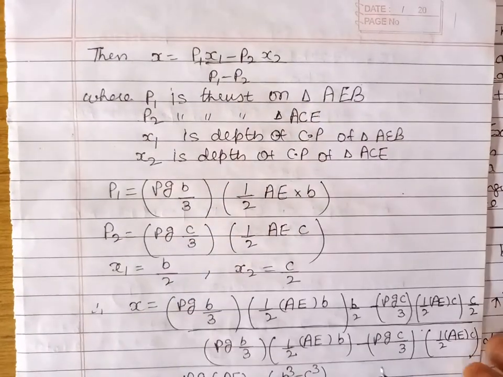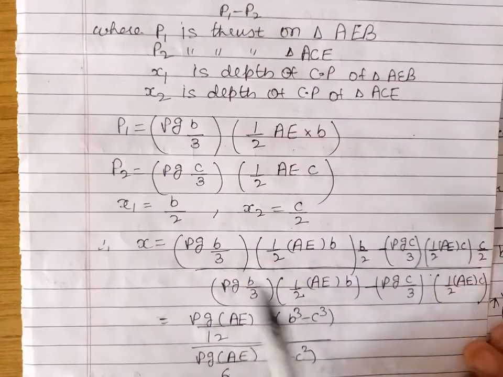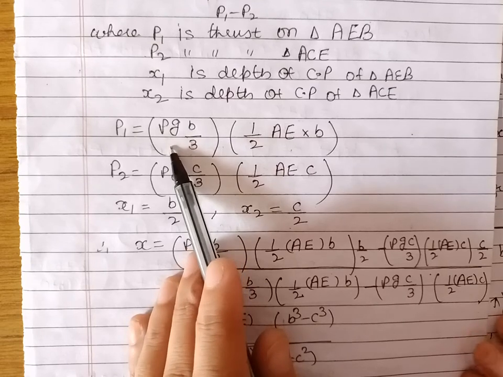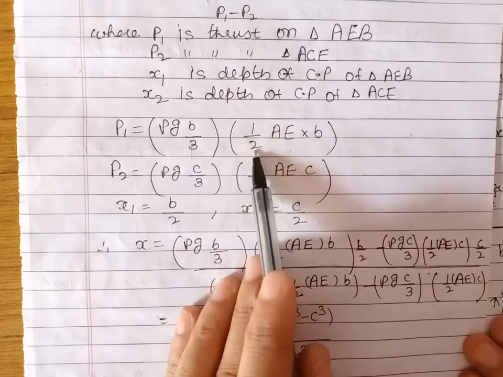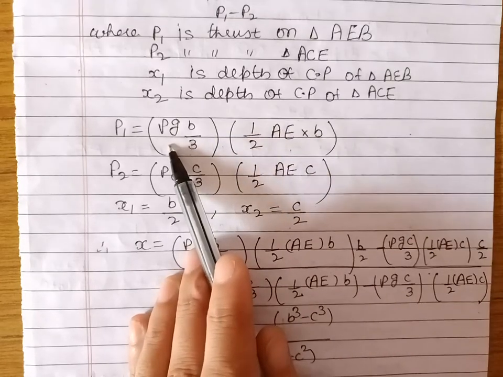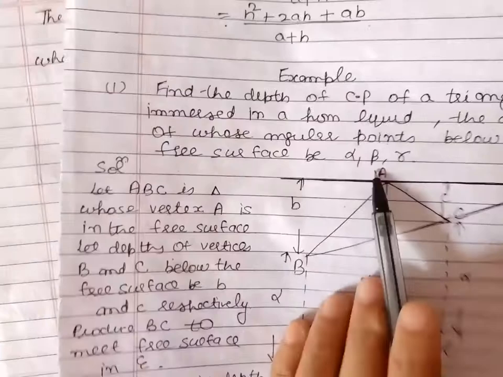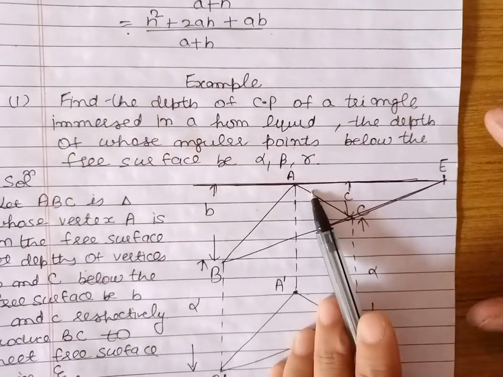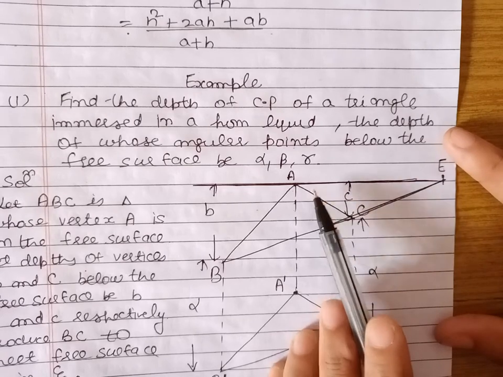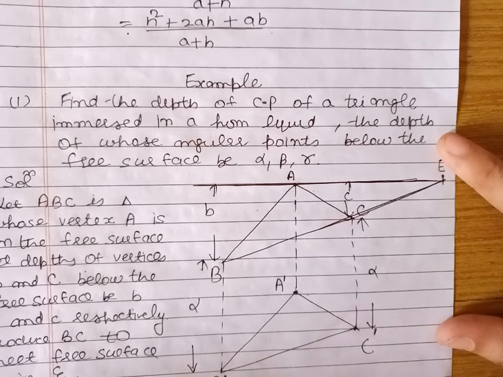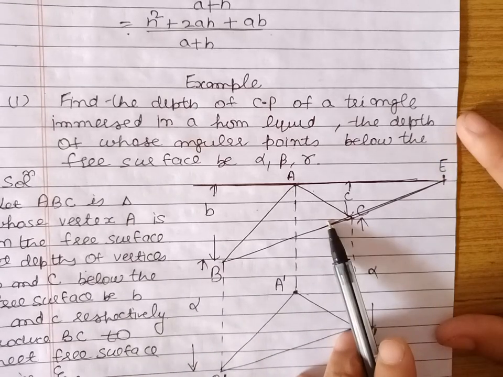Now what is P1? P1 is the thrust at the center of gravity of triangle AEB, that is, the depth of center of gravity times the area of the triangle. AEB is this triangle. So the thrust on this triangle will be rho into g into (0 plus B upon 3), so that will be B upon 3, and the area of this triangle will be half into base into height.